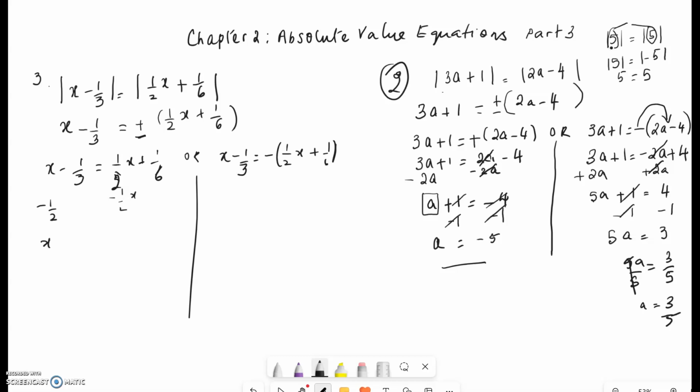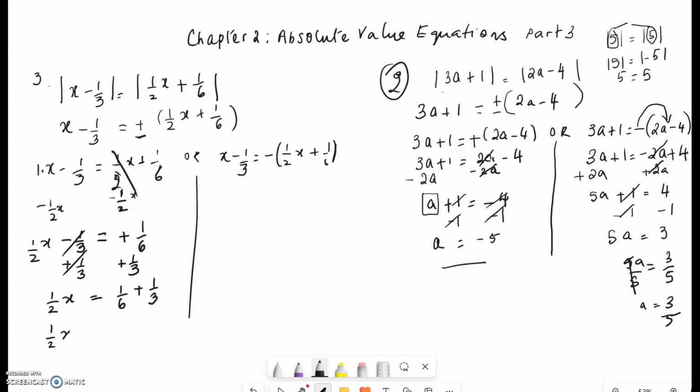So x minus half x is half x. So 1x minus half x, 1 minus half is half, minus 1/3 is equal to, these two cancel each other off, and that's the reason why we subtracted half x plus 1/6. Add 1/3 on both sides because we are trying to solve for x, so we want to get x by itself. So half x is equal to 1/6 plus 1/3.